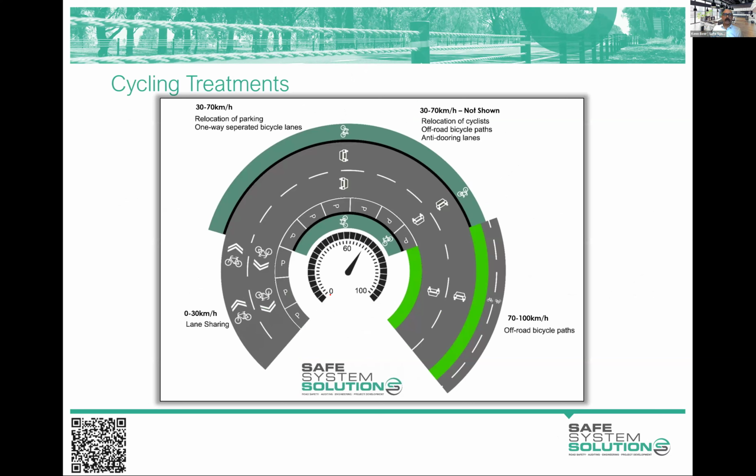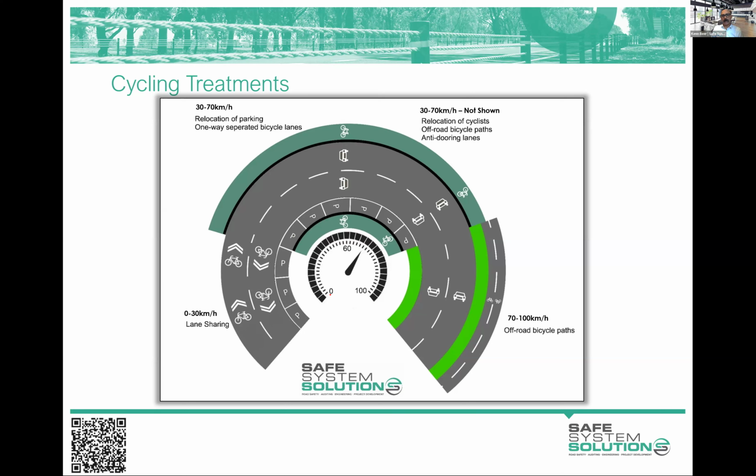And here's an adaptation of a diagram that tries to generally give these concepts: in very low speed environments, maybe 30 or below, maybe 20 or below, is where we can mix vulnerable road users and vehicles.